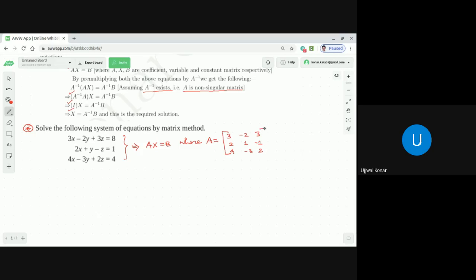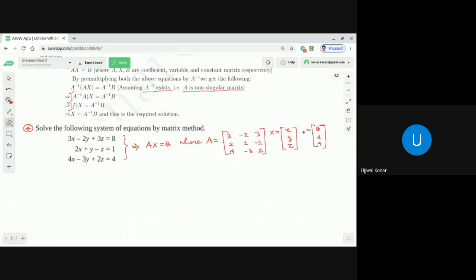That is the coefficient matrix A. And what is X? X is the variable matrix, dear students, that is x, y, z. And what is B? B is the constant matrix, dear students, that is 8, 1, and 4. Correct, no, dear students?